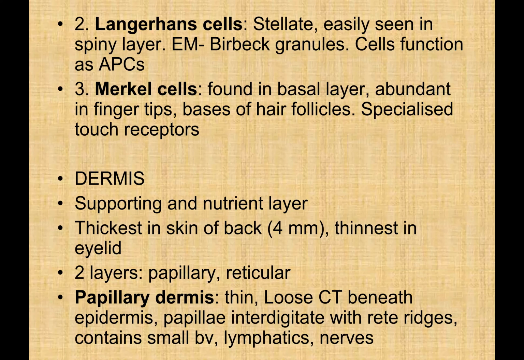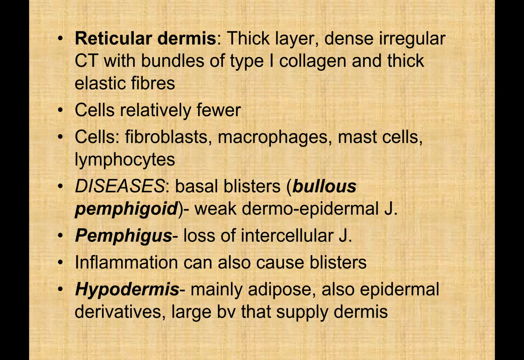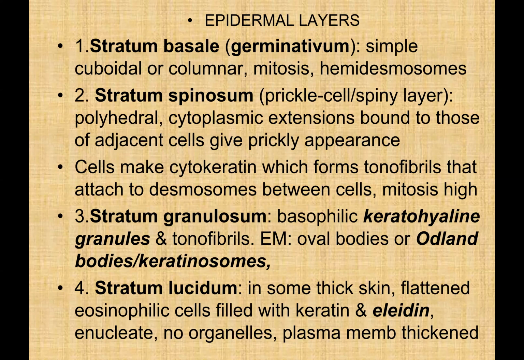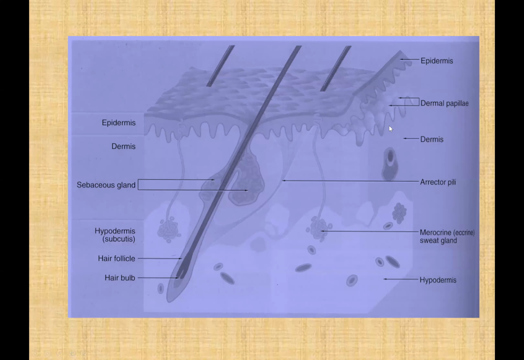So the papillary layer is known as the papillary dermis, which is made up of thin, loose connective tissue between the epidermis, with the papillary interdigitations with the root ridges. What I'm just trying to say is that when we go back to the skin, the papillary dermis is just a bit below this side.